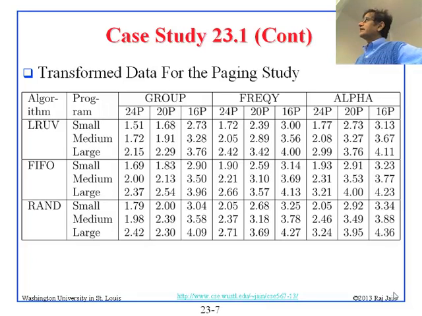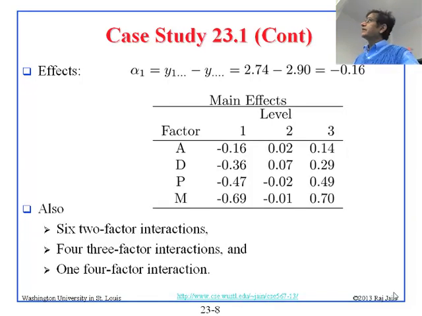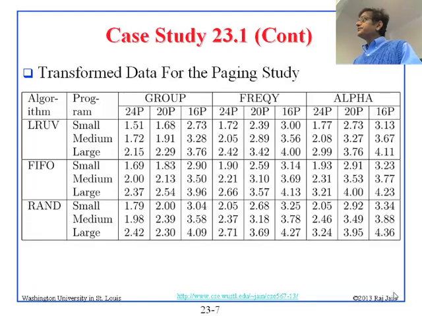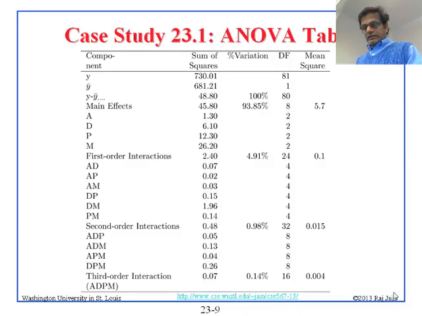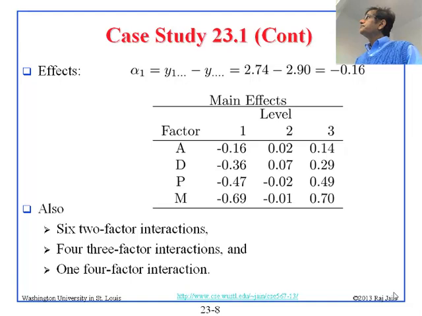So we get basically that mean, which would be called y1 dot. And then the overall mean, which is the mean of all these numbers, would be called y dot dot. That is 2.90. So the first effect, alpha 1, is minus 0.16.